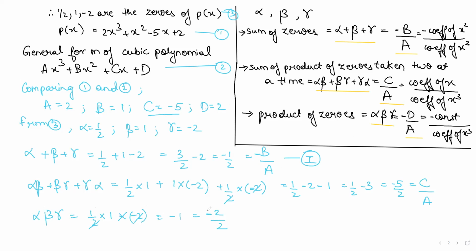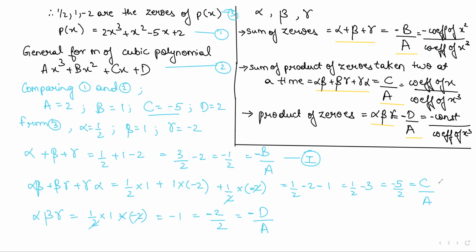The minus sign is already there. So instead of 1, if you want 2, you have to multiply and divide by 2. This is minus, instead of 2 you can write D, instead of the other 2 you can write A. We know what we want. All we have to do is show, verify, to let the evaluator see that yes, you do understand the concepts, and the values that you've placed will lead you to the result on the RHS.